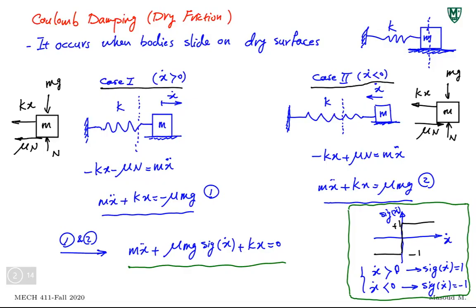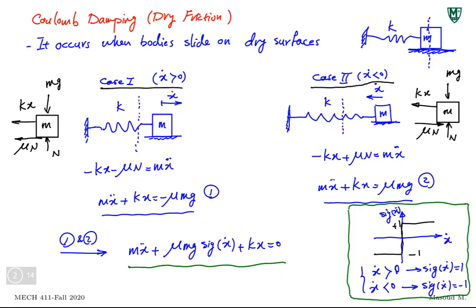it's not a very well behaved equation like what we had before. When we were dealing with a system with a viscous damper, things were nice. Mx double dot plus Cx dot plus Kx was an equation of motion, a second order homogeneous differential equation, which we could easily solve to get the system response.